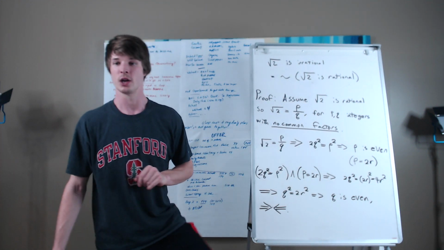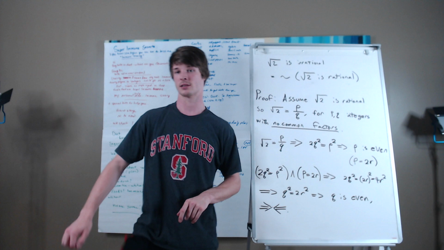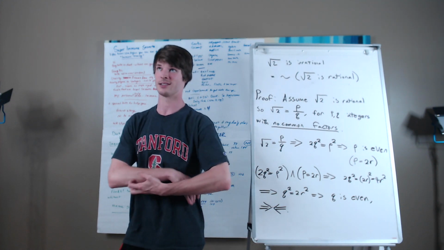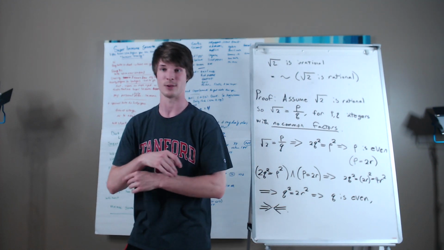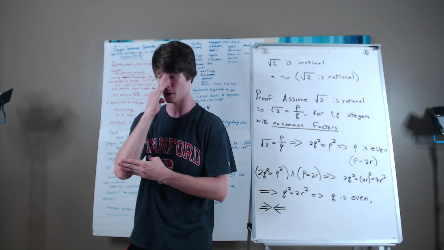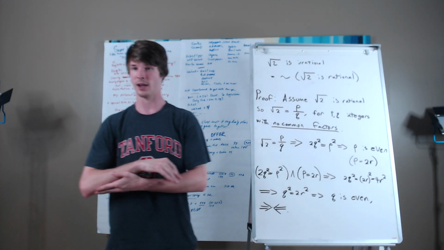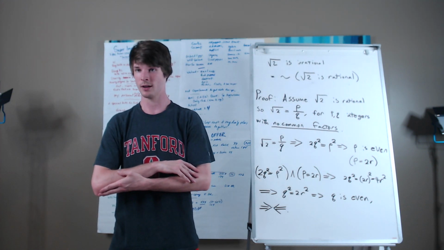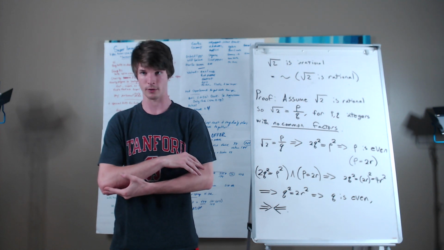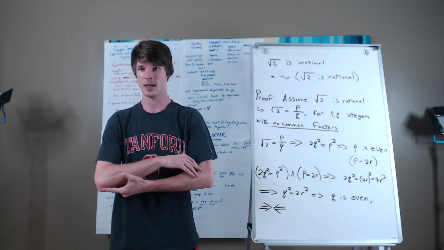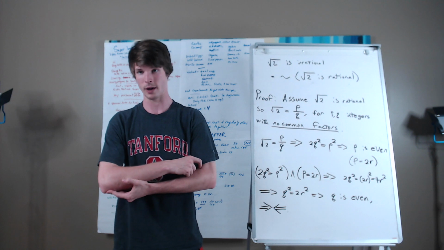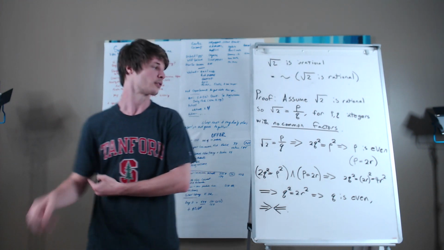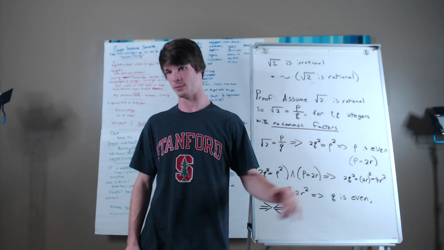And you can do this one for yourself. And obviously this isn't proper proof technique. You can't just test a couple examples and be sure of it. But it is in fact the case that if you square an odd number, you will only ever get an odd number. And if you square an even number, you only ever get another even number. And so that means for a fact, p has to be even.